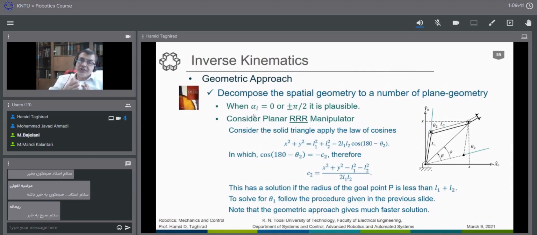If the angles are not equal to 0 or pi over 2, then you cannot decompose. These two will intervene with each other, and then you cannot have a simple planar case. You should work with spatial geometry, and the spatial geometry is, of course, harder. If you know some spatial geometry approach, that can also be used quite well. But if you want to decompose it into plane geometry.